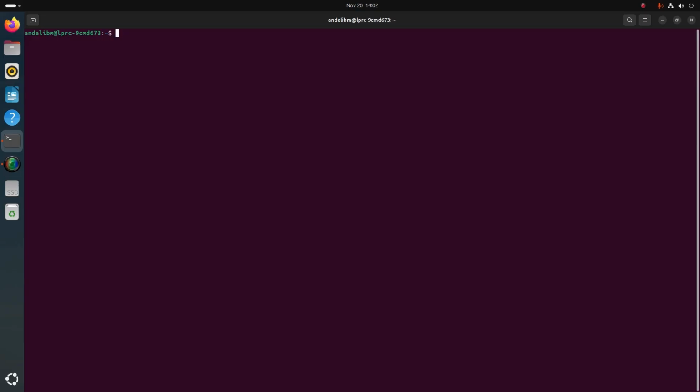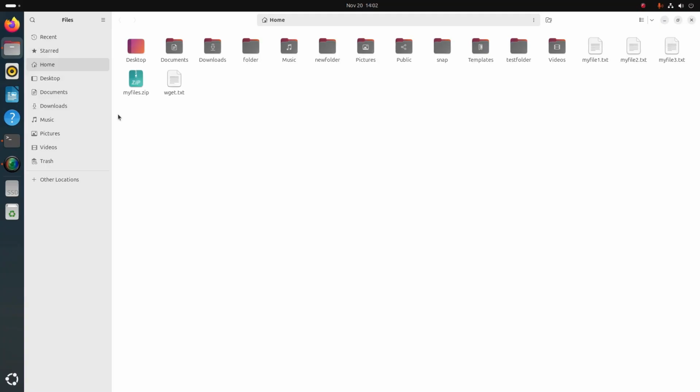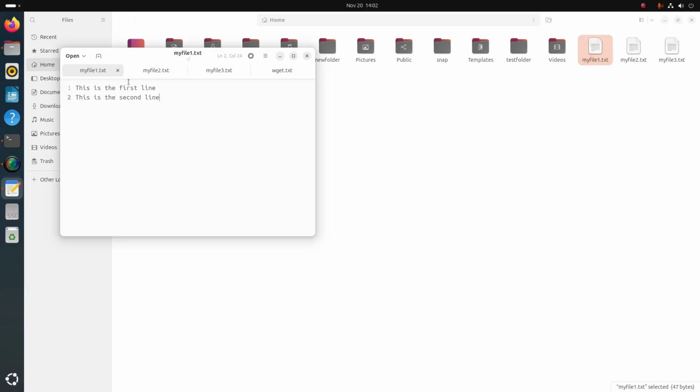Okay, let's talk about a few other things. And this is also about text manipulation. So one of them is the command sort. This one can sort lines alphabetically, numerically, or anything. For instance, let's go to one of these text files that I made, like this one here. So you see it has, this is the first line, second line.